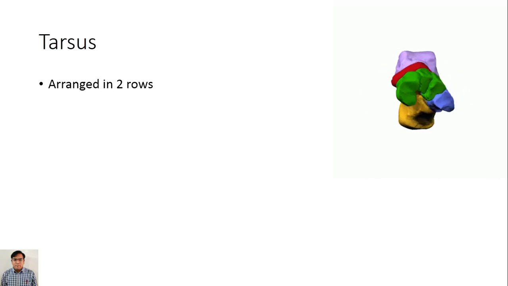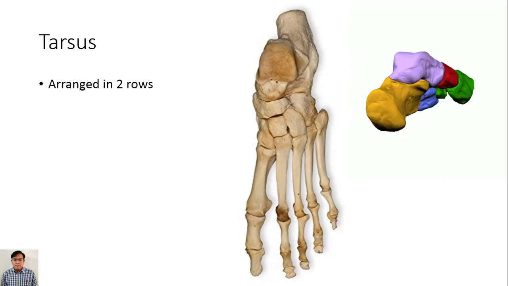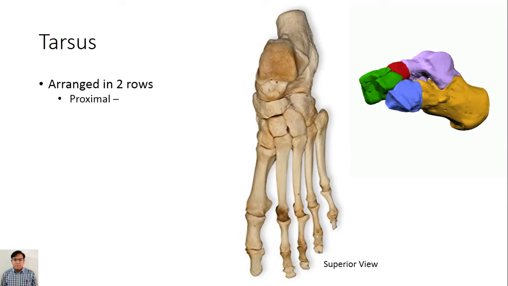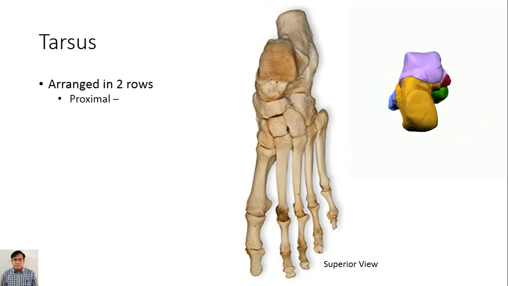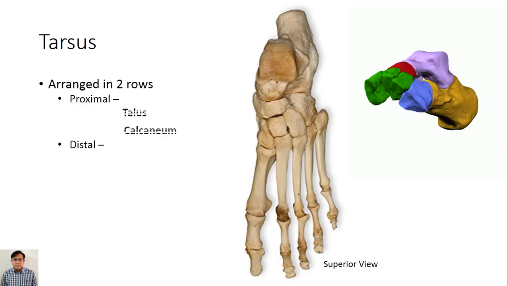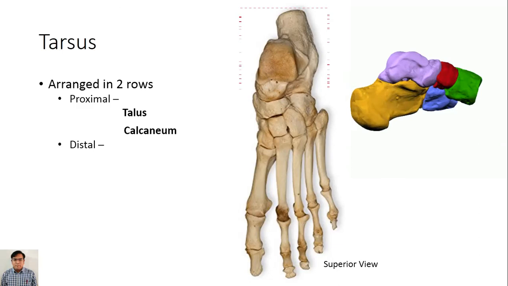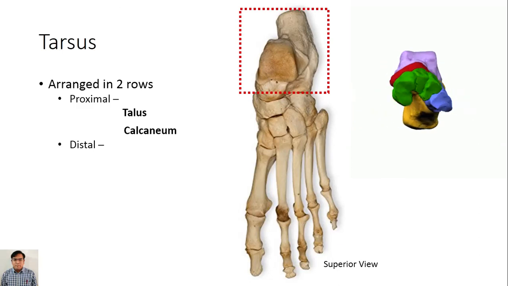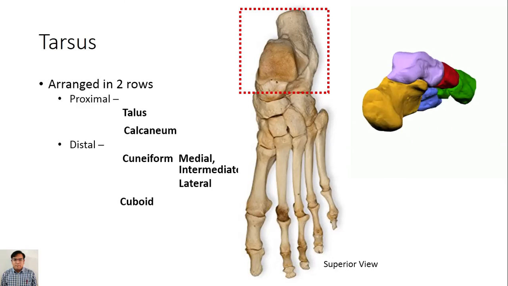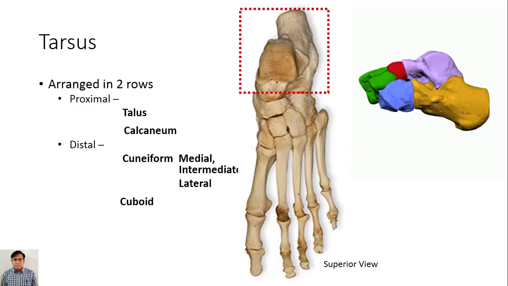So, these tarsal bones are arranged in 2 rows. This is superior view. They are arranged in proximal row and distal row. Proximal row includes talus and calcaneum, and distal row includes cuneiform, medial, intermediate and lateral, and cuboid.